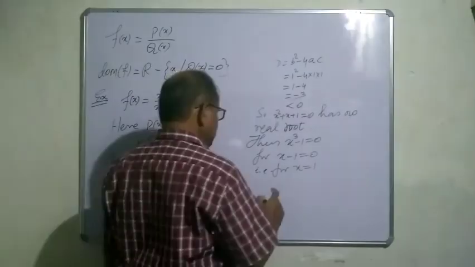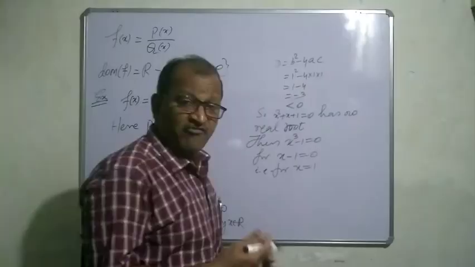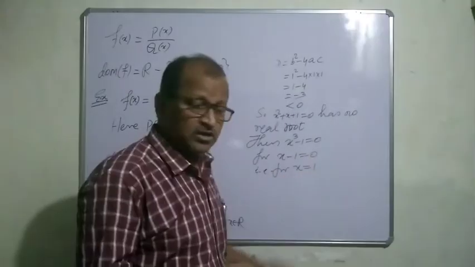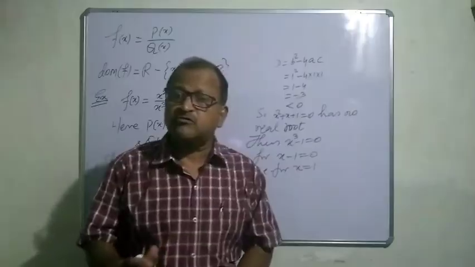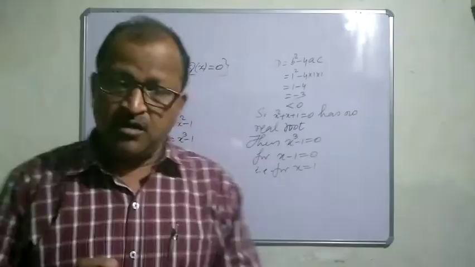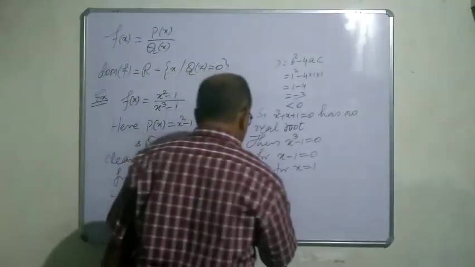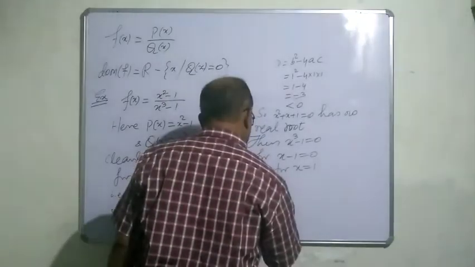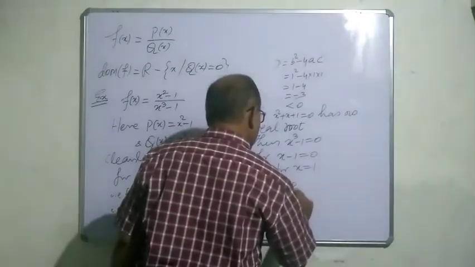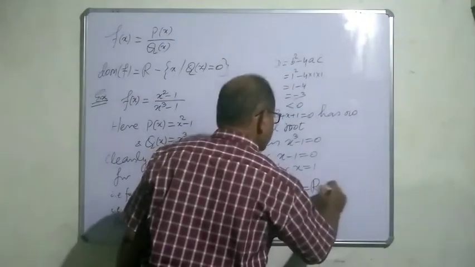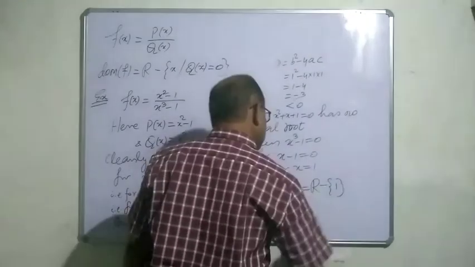So it will not be defined at x is equal to 1. So we should keep it out from the domain of this function. So domain of f will be R difference this, right?